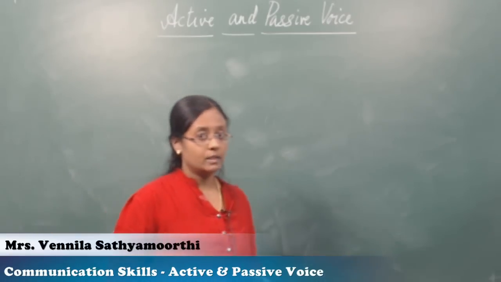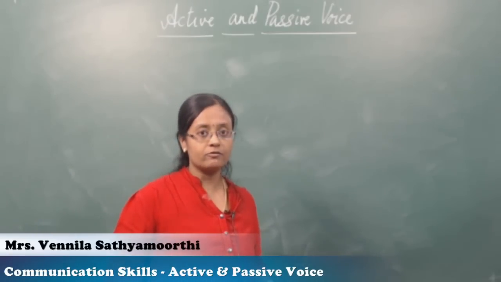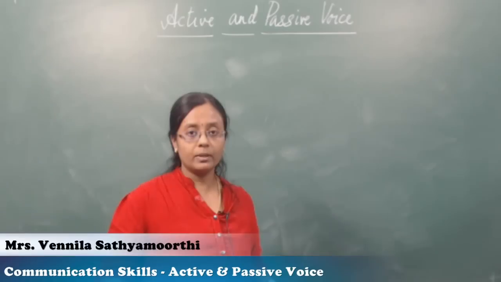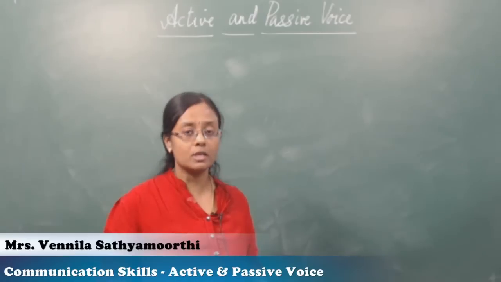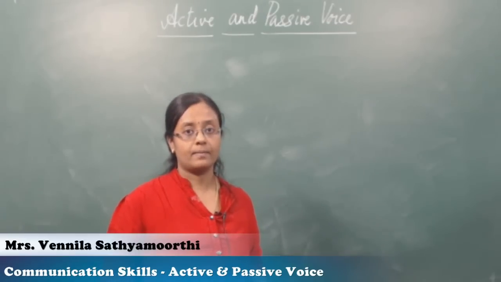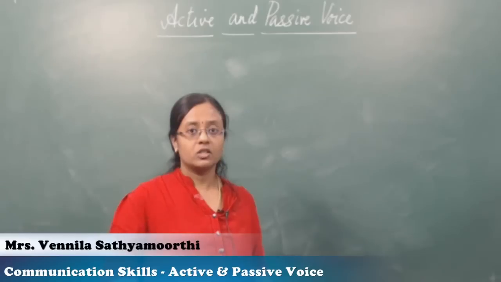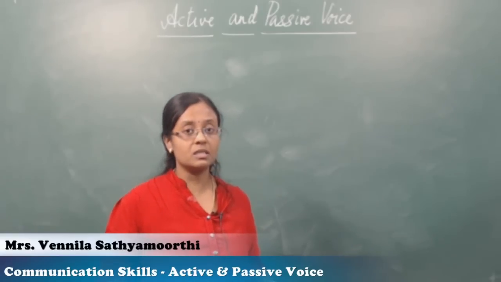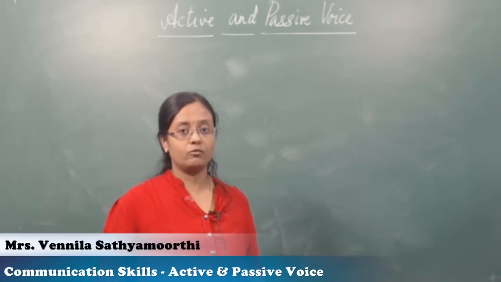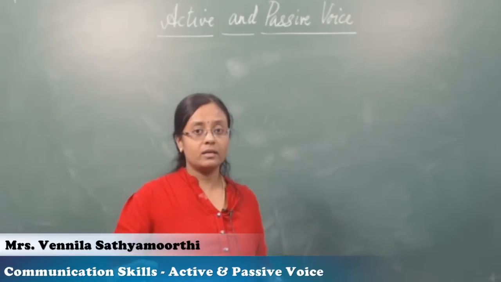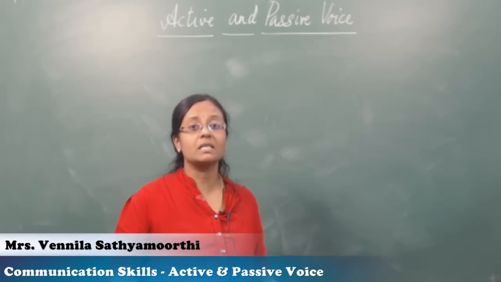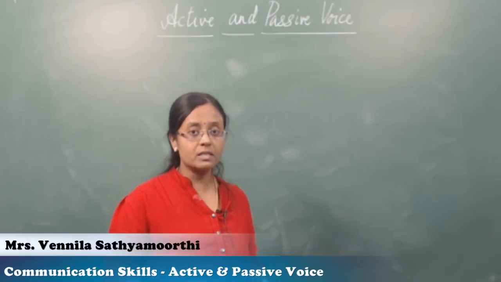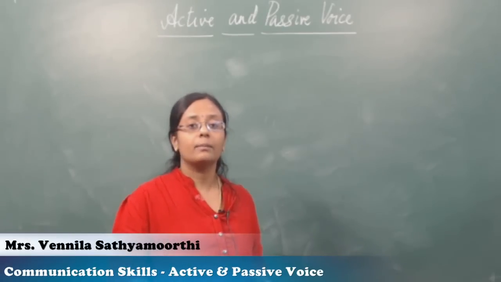So naturally it is clear that intransitive verbs cannot be written in the passive voice, because intransitive verbs are those verbs which do not take objects after them. I went, she came. Those sentences can never be written in the passive voice. She came to my house. Try changing it into the passive. It's not possible. It doesn't make sense.